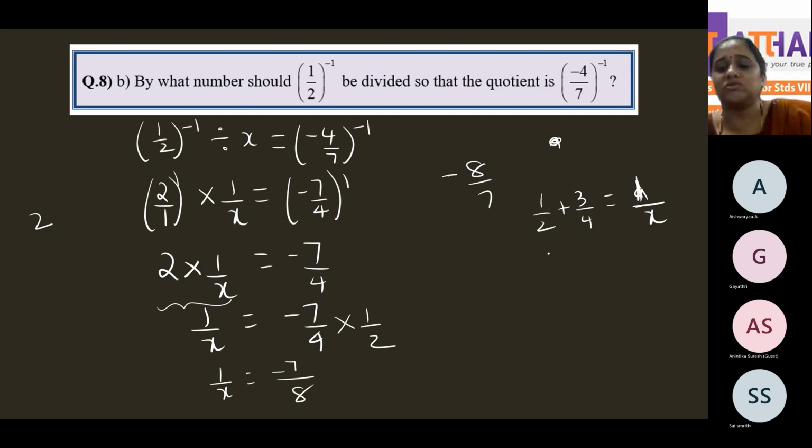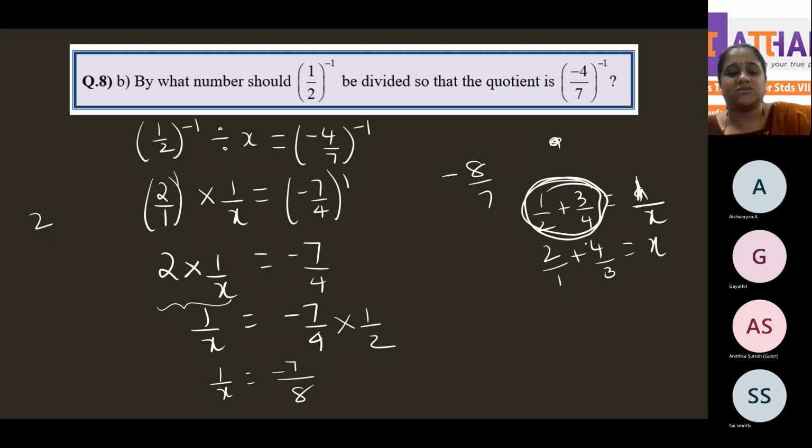Now you cannot take reciprocals on both the sides and say 2 by 1 plus 4 by 3 is equal to x. This is wrong, because to take reciprocals on both the sides, you should first simplify this and make this one fraction. There's only one fraction here, one fraction here, and an equal to sign. Now you can take the reciprocals on both the sides.